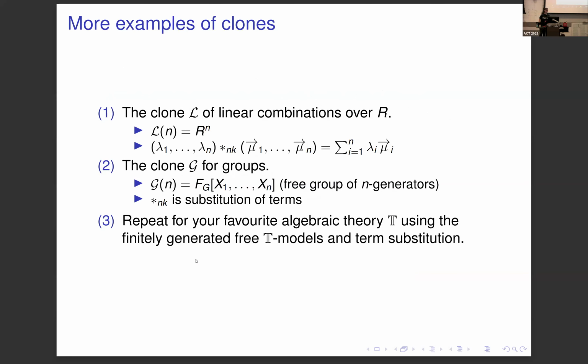And I can do the same thing, surprise, surprise, for linear combinations. That would give me an infinitesimal vector space, jumping ahead and using that as a definition. Or, and this will be another example relevant for this talk, if I'm looking at groups, there I'm just taking the free group on n generators, and this operation is just substitution of terms.